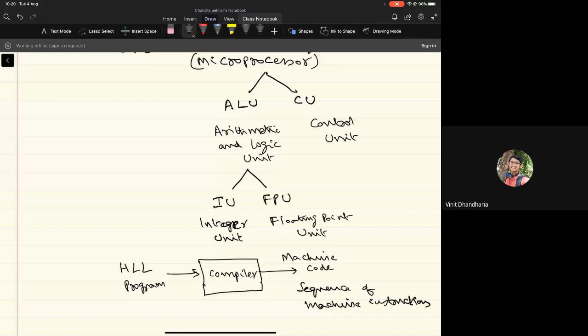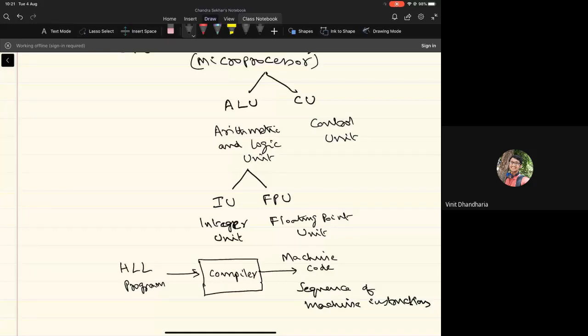And it's very easy to note that the set of machine instructions of a processor should be adequate to translate any high-level language program into a sequence of operations that can be executed by the processor, so that the program can be executed to process the input data and then generate the processed data.